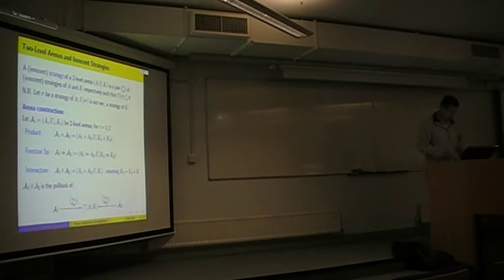Now we have the objects, which are two-level arenas, and the maps are pairs of strategies, one for the upper, the other for the lower.